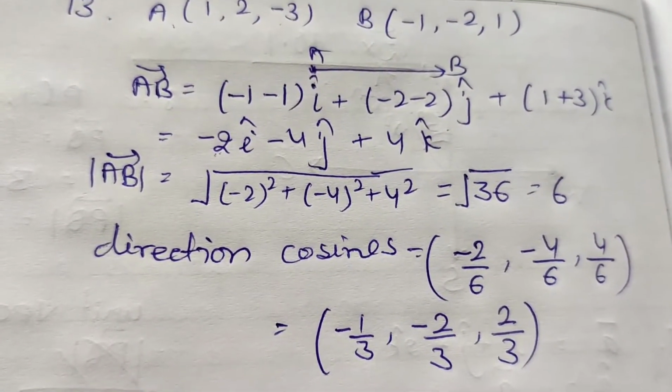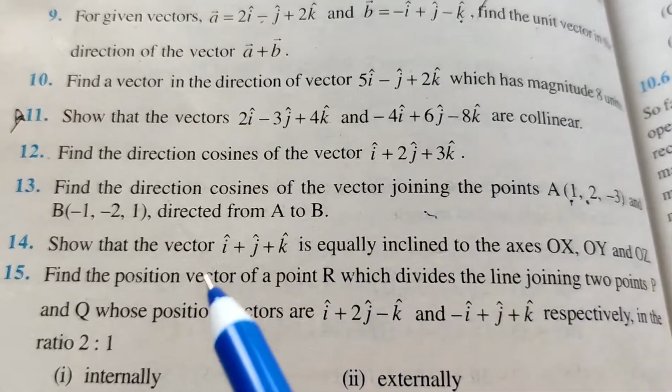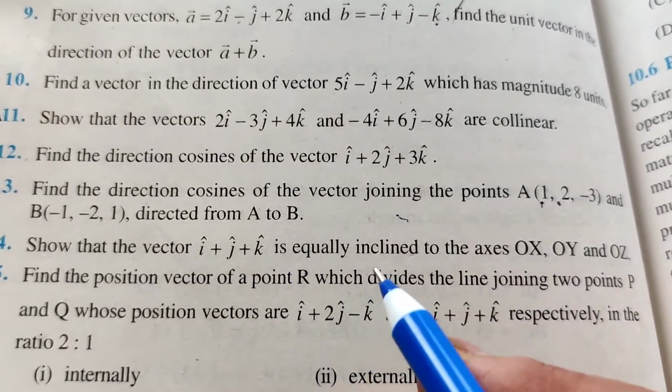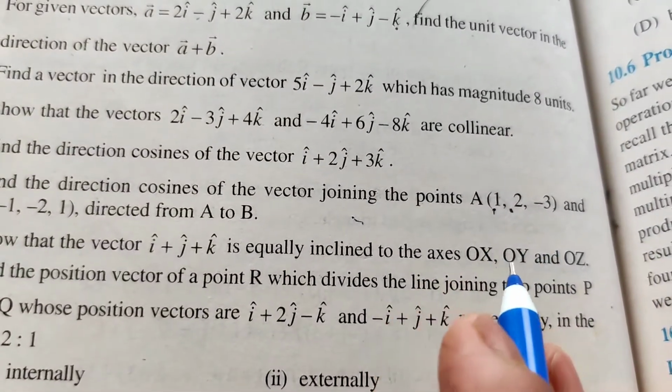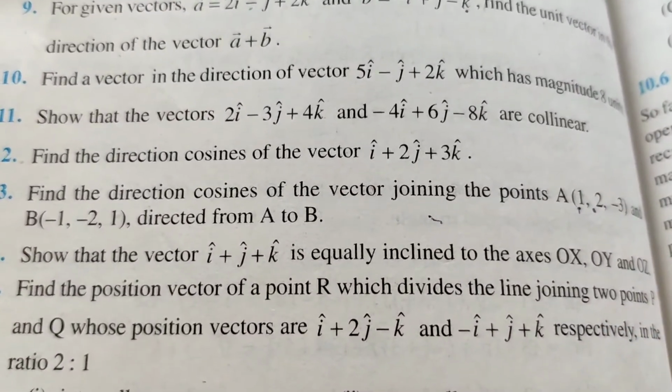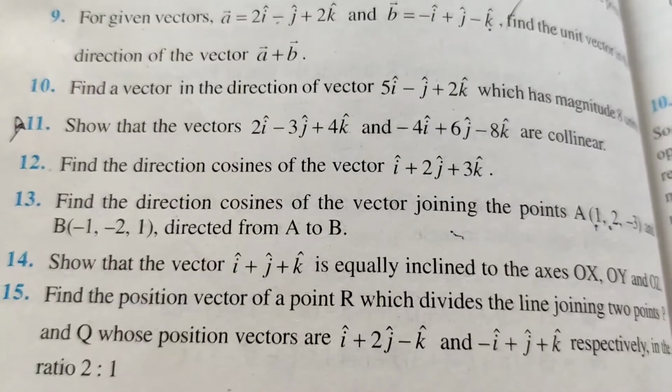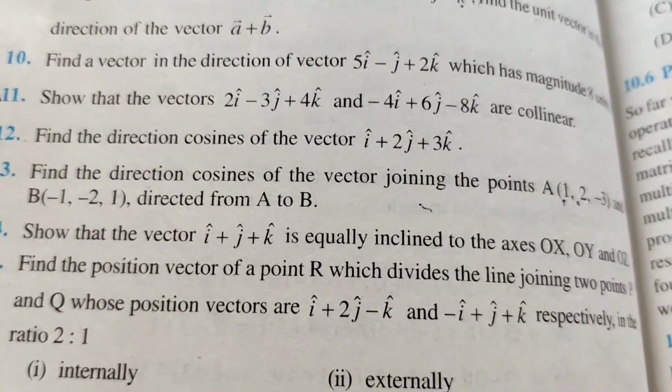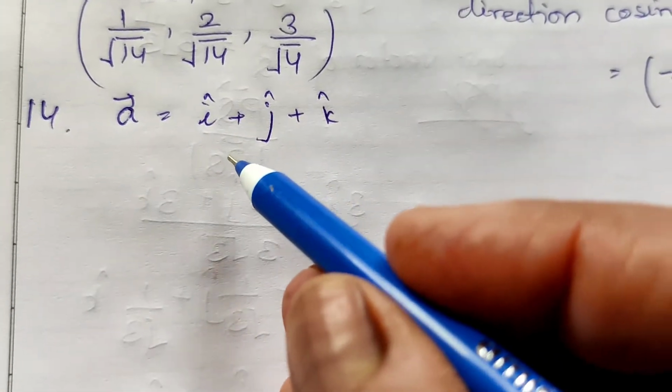Question number 14. Show that the vector i plus j plus k is equally inclined to the axes OX, OY and OZ. Equally inclined means the direction cosines are the same. Let A be the vector i plus j plus k.